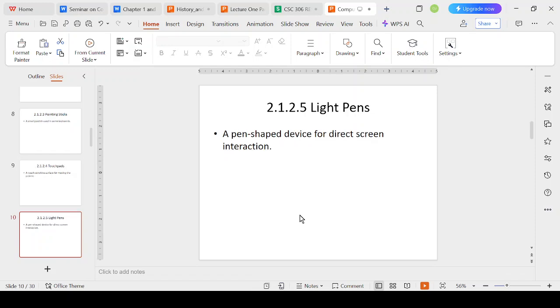It is a pen-shaped device for direct screen interaction. You have it in your tablet, in your laptop, in your phones. A light pen is a pointing device that you can also use to key in data or execute commands on your smart devices.